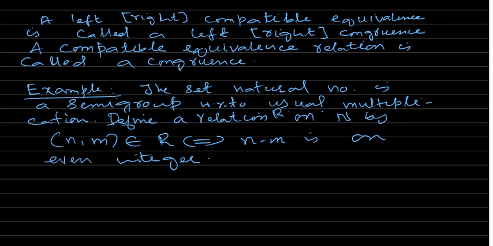So this relation is an equivalence relation. Is it compatible? It's clearly compatible, because whenever we have n1 R m1 and n2 R m2, it means that n1 minus m1 is an even integer and n2 minus m2 is an even integer. If it is an even integer, it means that either both are odd or both are even.